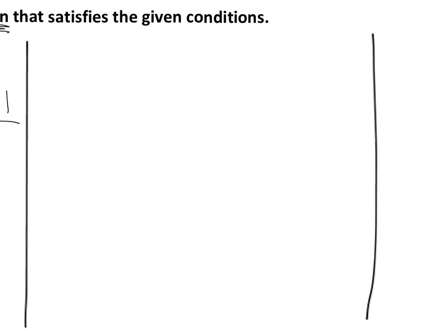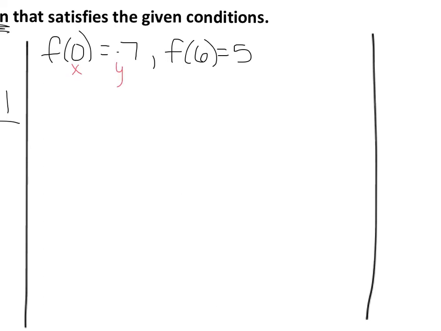Okay, let's do one more together. Let's say f of 0 equals negative 7 and f of 6 equals 5. Now remember, this function notation means that for function f, when x is 0, y is negative 7. So I have a point 0, negative 7. And also for function f, when x is 6, y is 5.